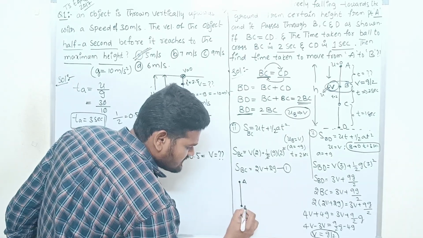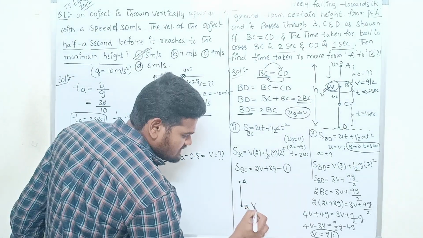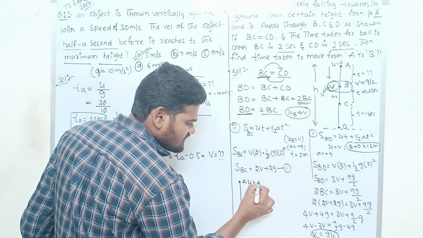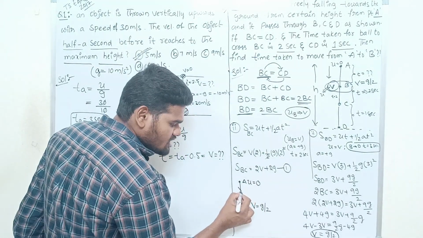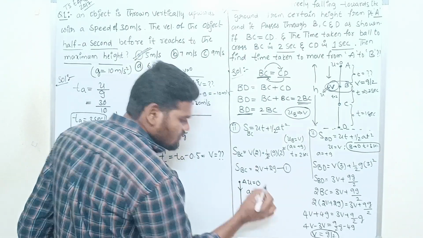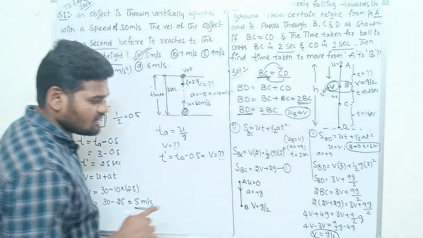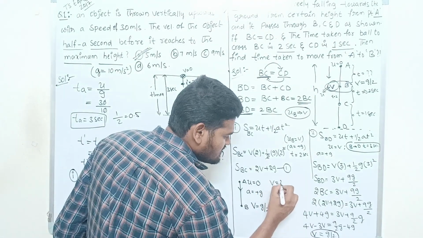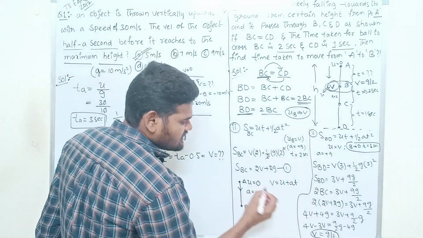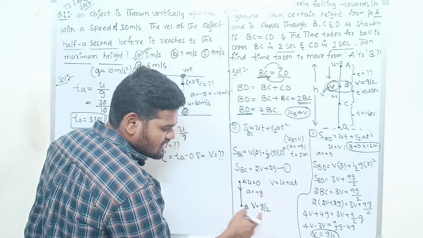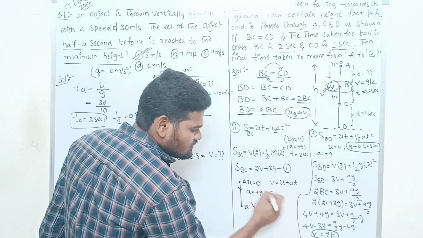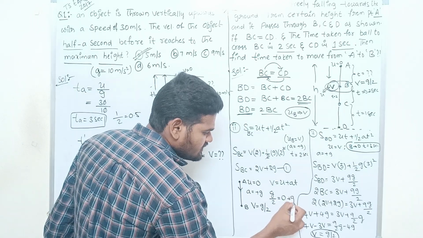Have a look. This is point A and this is point B. At point B, the velocity of the object is G by 2. At point A, the initial velocity of the object is 0. The object is moving from point A to point B, so acceleration due to gravity is plus g. I'm taking the first equation of motion, v is equal to u plus at. The final velocity of the object is g by 2, so g by 2 equals initial velocity 0 plus g into t.